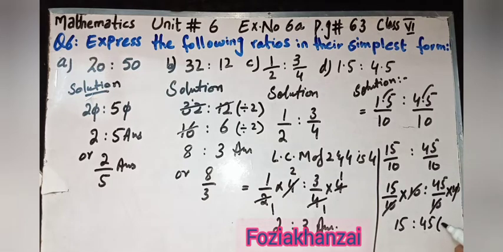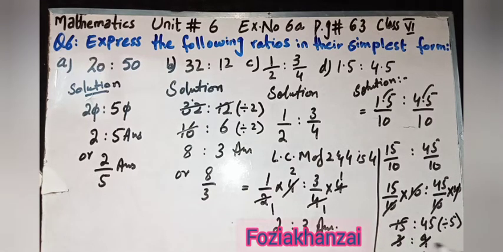Now reduce by 5. 5 threes are 15, 5 nines are 45. Now 3 ones are 3, 3 threes are 9, divided by 3. Okay, 1 is to 3, or 1:3, would be the answer of part D.